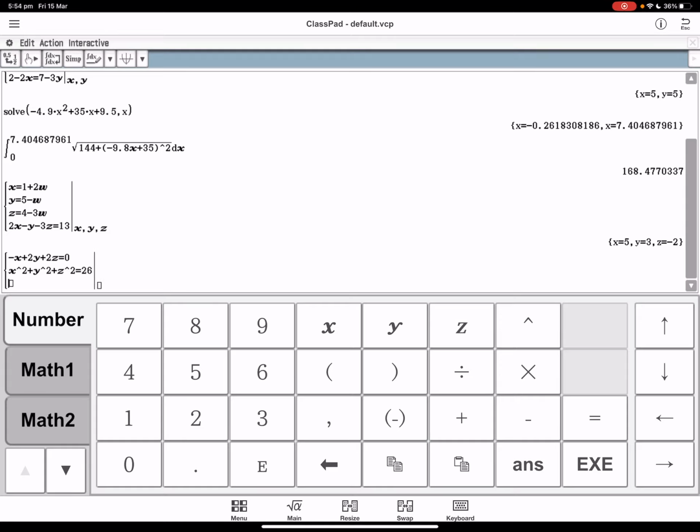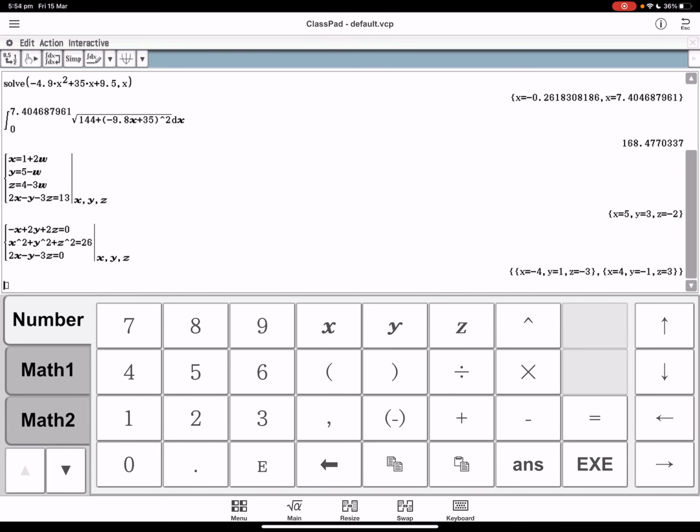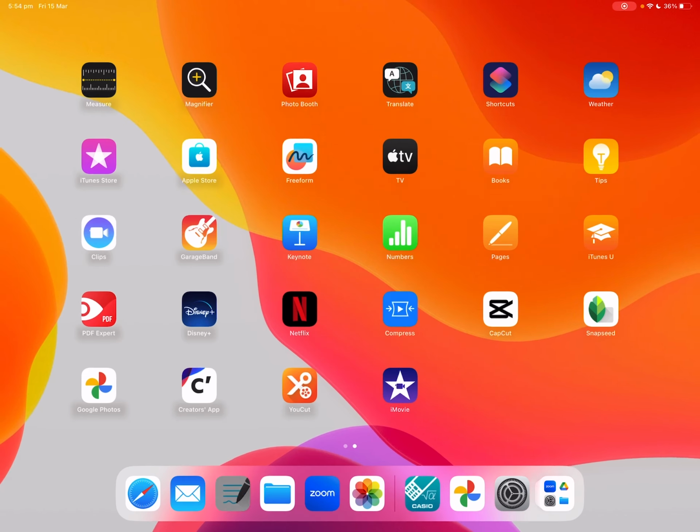And the last equation that I came up with was 2x take y take 3z equals 0. And then we have x comma y comma z. We get a very nice set of answers: (-4, 1, -3) and (4, -1, 3). They're basically the reverse of each other. So let's just write both answers down.